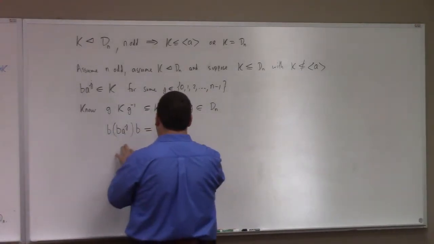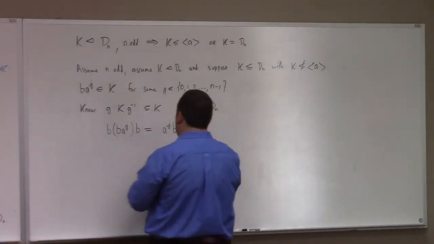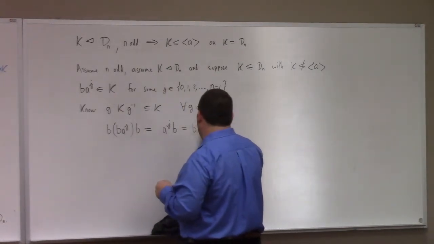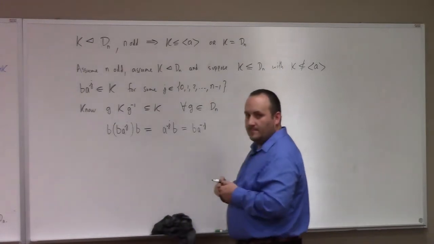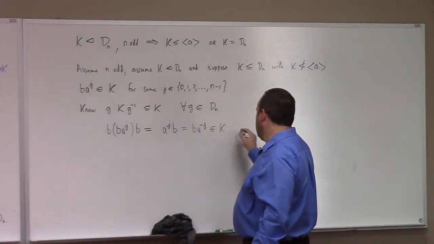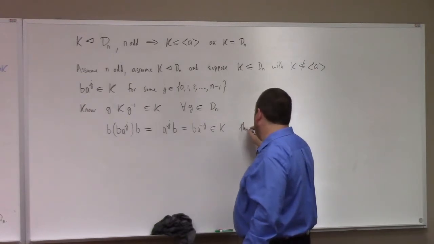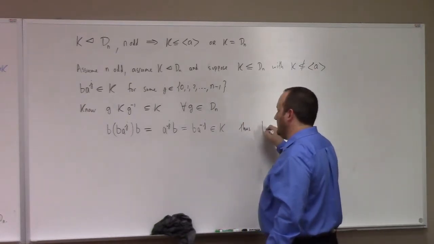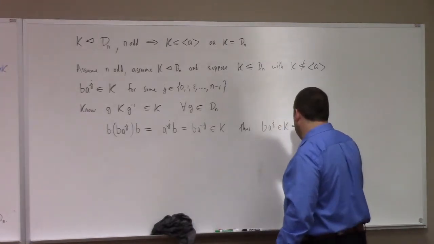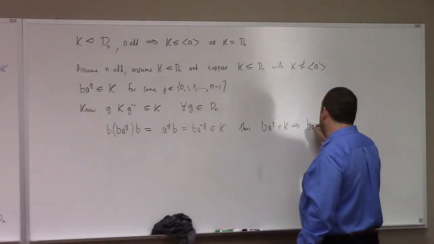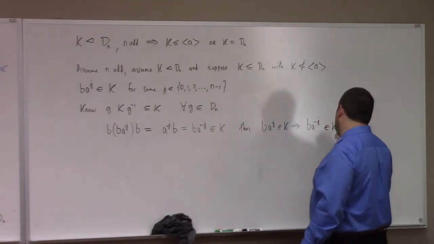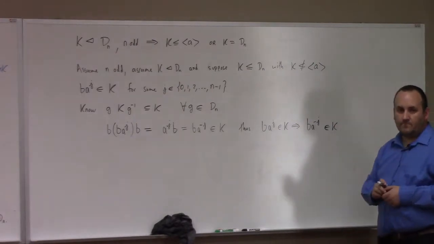So we get A to the J, B, which is B A to the minus J, right? Now that has to be an element of K. So if B A to the J is in K, that implies that B A to the minus J is in K.